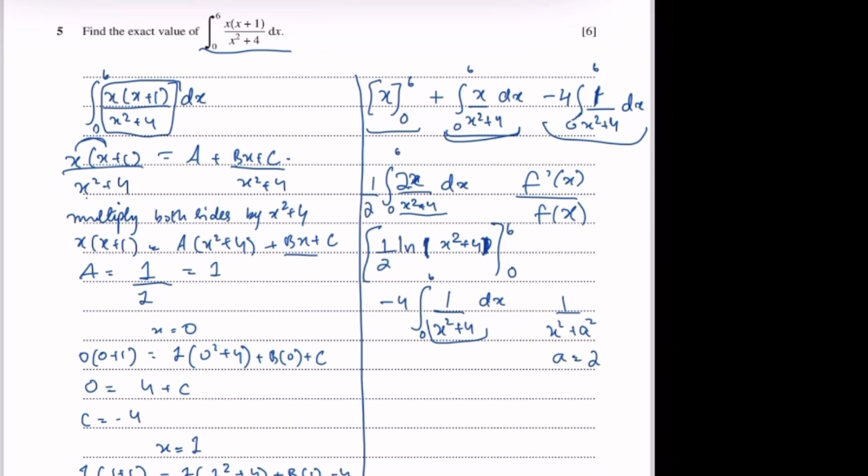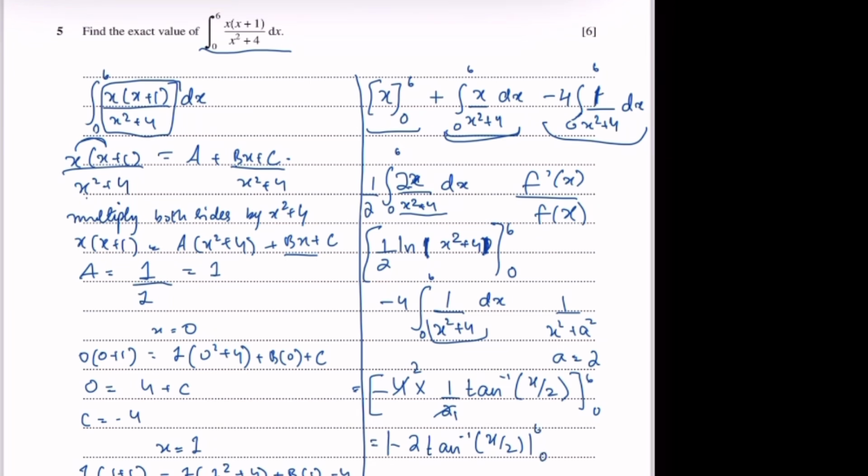Remember, it's not 4, because 2 squared is 4, right? So the integral is this minus 4 multiplied by 1 upon 2 multiplied by tan inverse of x upon 2 within the limits of 6 and 0. Simplified further, 2 ones are 2 and 2 twos are 4. So minus 2 tan inverse of x upon 2 within the limits 6 and 0.